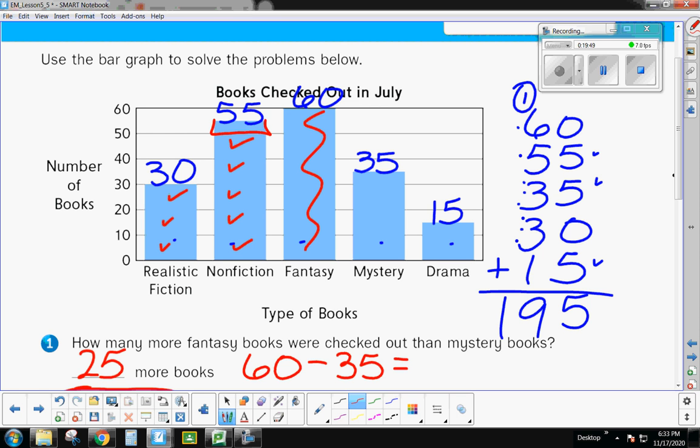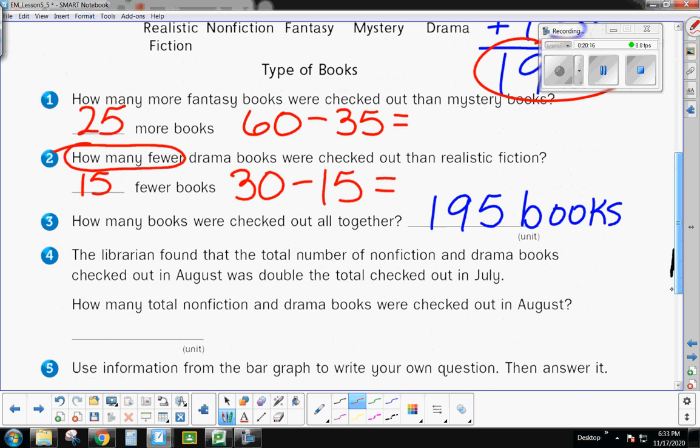I'm going to save this 5. 150, 160, 170. Put these two 5s together. That would give me 180. 190, and this is 5, so 195. So I can also count my spaces on my bars as well, but again, pay attention to the scale. You're counting by tens, and if it's a half a space, you need to add only 5.